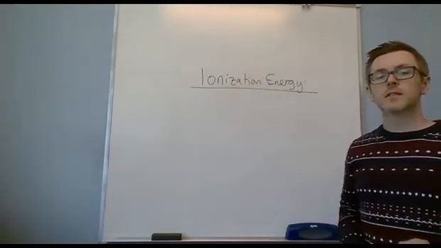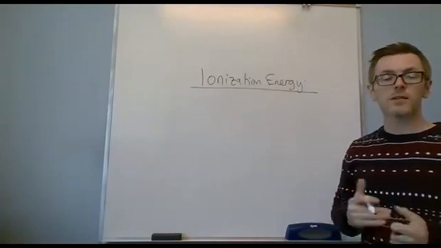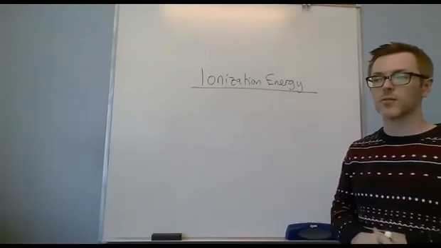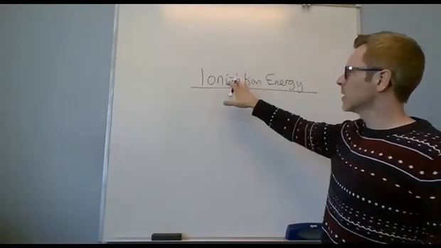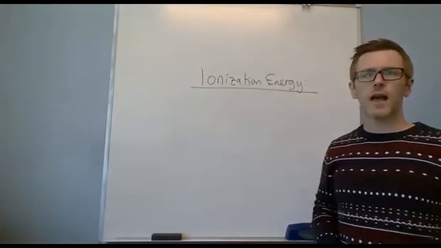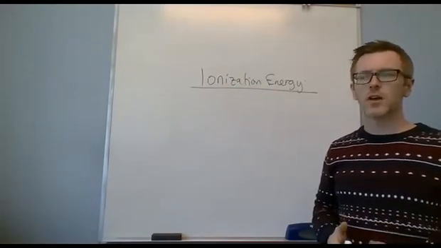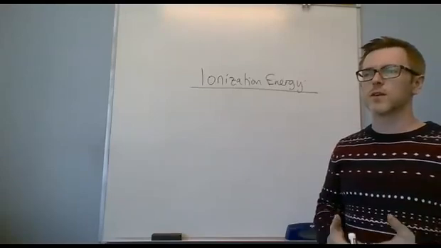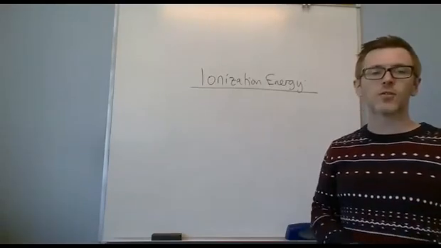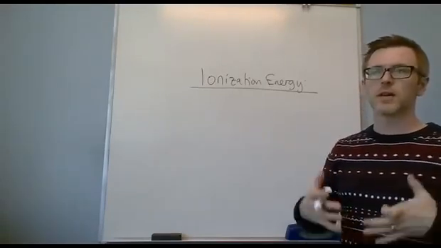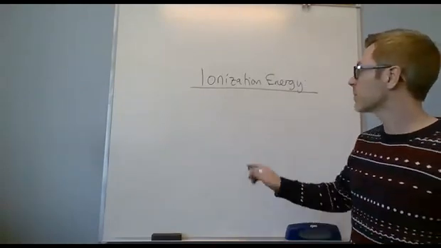Here, we're assuming everything's going to become positively charged, whether you like it or not. So we're not looking at the preference of the element to gain or lose electrons. We're going to impose the criteria that you have to lose an electron, and we're going to measure the energy needed to make that happen.